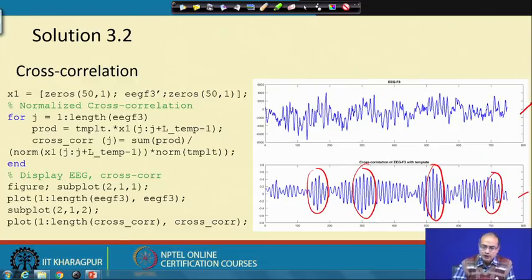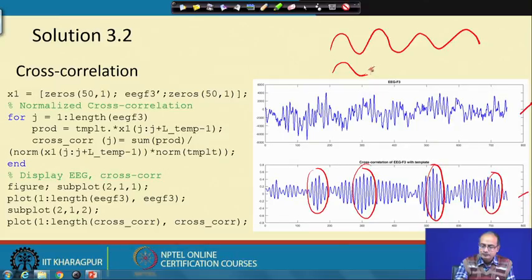The reason is, let us take two sinusoids to understand that. One sinusoid is there and we have taken a small template of the same sinusoid, a small part of it as template.